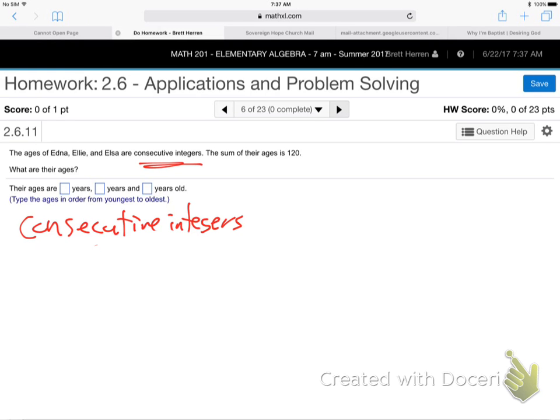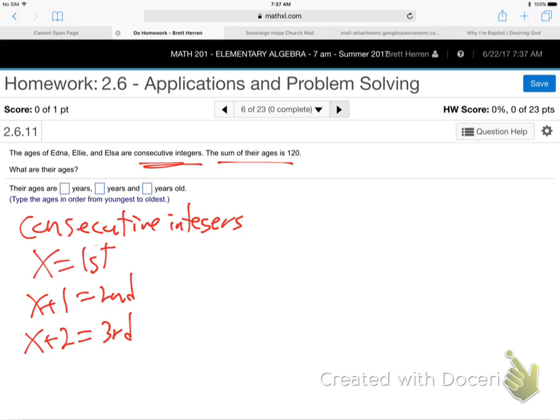So what's the first one going to be? What's the first one in every word problem? X is the first one. So what's the second one going to be? X plus 1. And what's the third one going to be? Yeah, x plus 2. See how it just goes up by 1 every time? You start with x, first thing in every word problem is x, and then you just add 1, because that's what consecutive numbers do. They just go up by 1 every time, don't they?